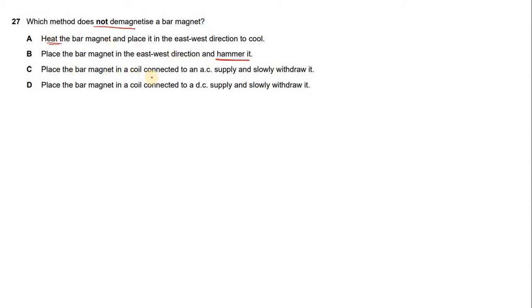Place the bar magnet in a coil connected to an AC supply and slowly withdraw it. Yes, withdrawing a magnet from a coil passing AC electricity also demagnetizes it. So in all three, A, B and C, the magnet will demagnetize. But if you place the bar magnet in a coil with DC current and slowly withdraw it, DC current will not demagnetize. So the option is D.